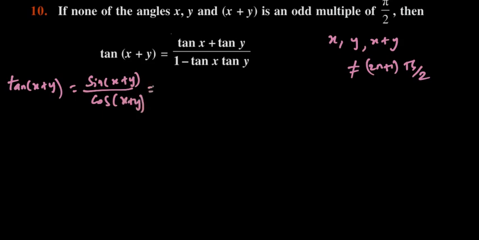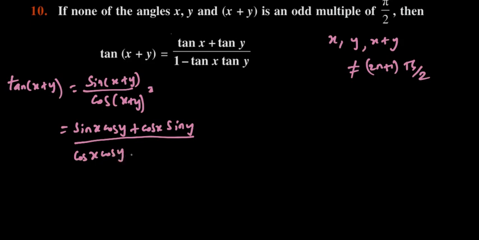Sin of x plus y is nothing but sin x cos y plus cos x sin y, divided by cos of x plus y, which becomes cos x cos y minus sin x sin y.